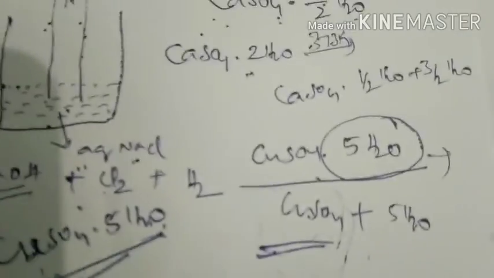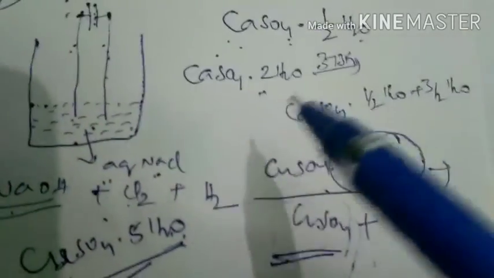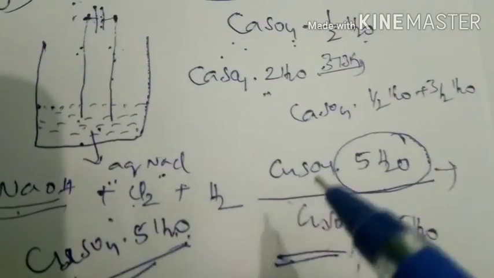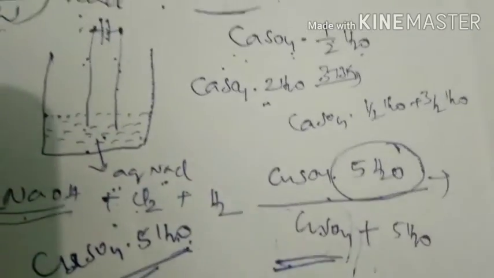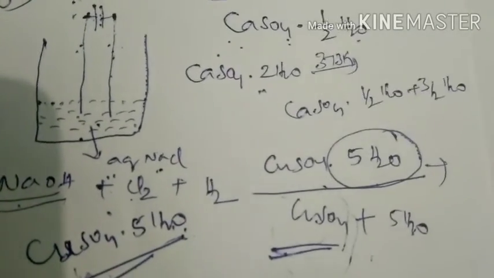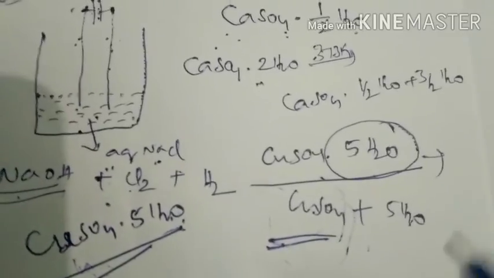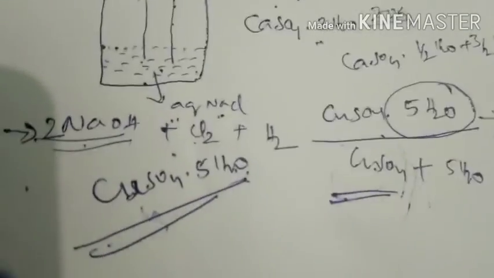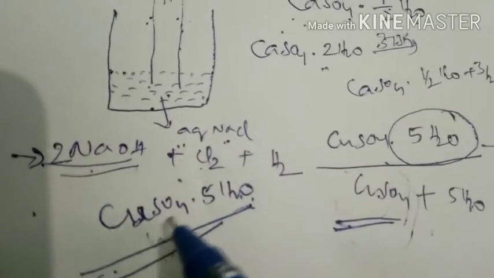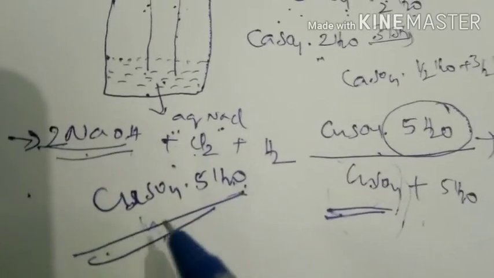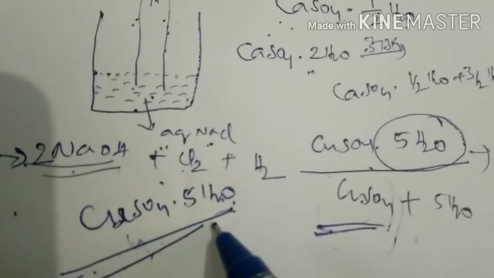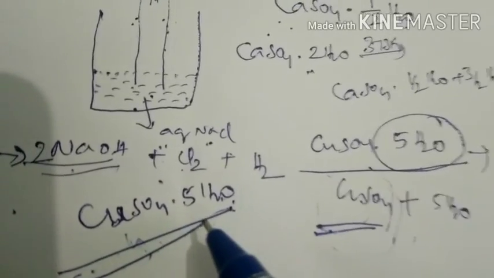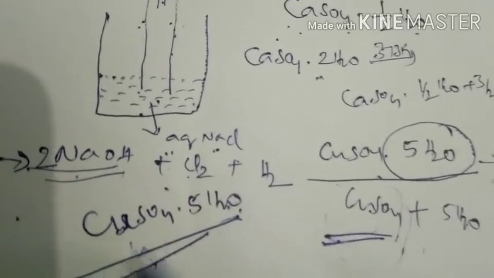And the last topic is copper sulfate. Here the copper sulfate formula is CuSO4. In the laboratory it is present in blue color. That blue color is due to the presence of water. The actual formula is CuSO4 5H2O. This is called crystalline copper sulfate, or hydrated copper sulfate.